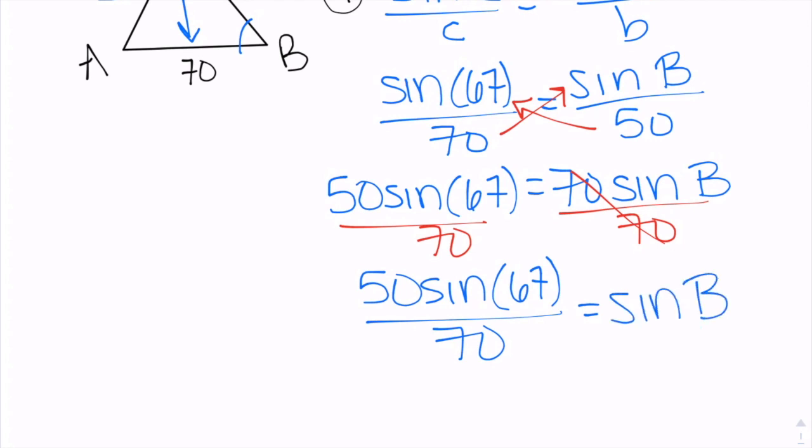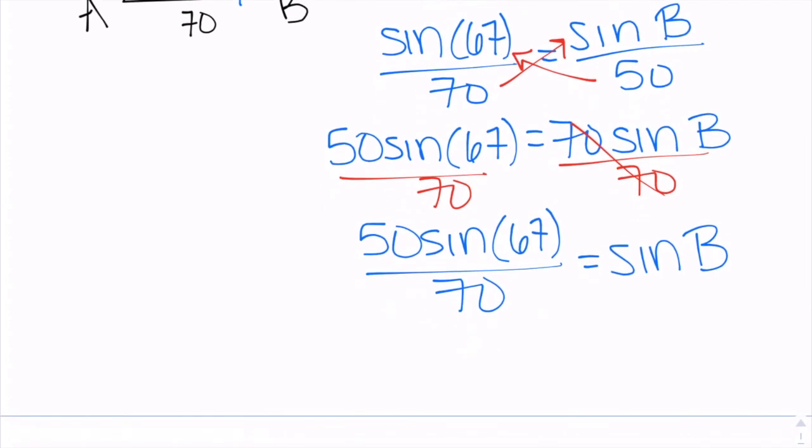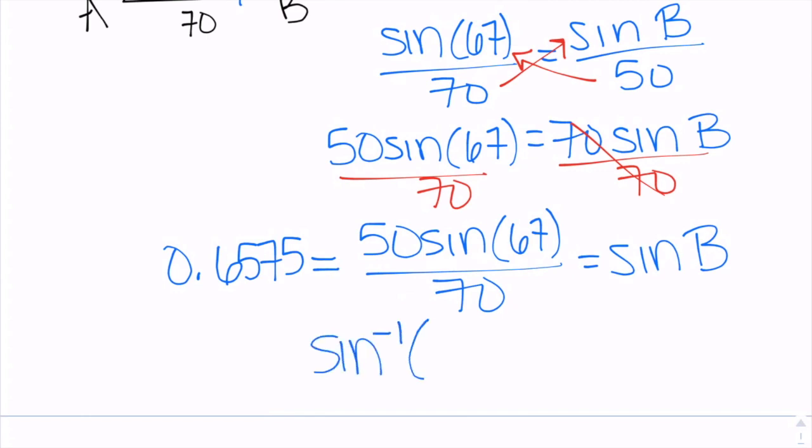And so now we want to find what all of that equals. And so when you do that, you're going to find that's approximately 0.6575. And so to solve for sine of B, to solve for angle B, we need to do the inverse sine of our decimal. So we're going to say sine inverse of this decimal.